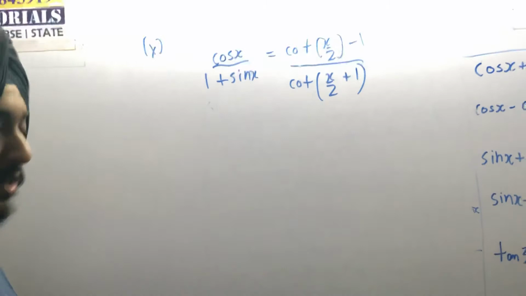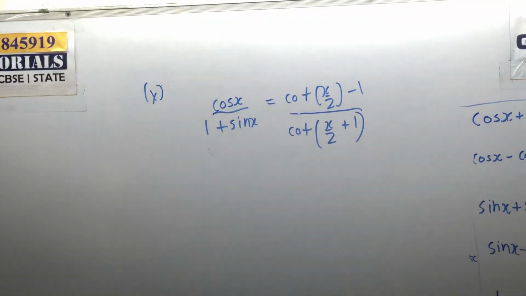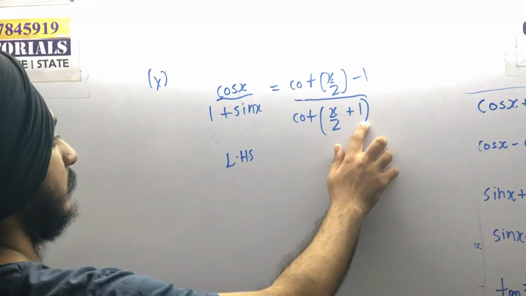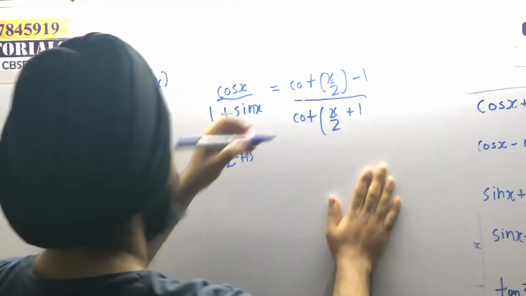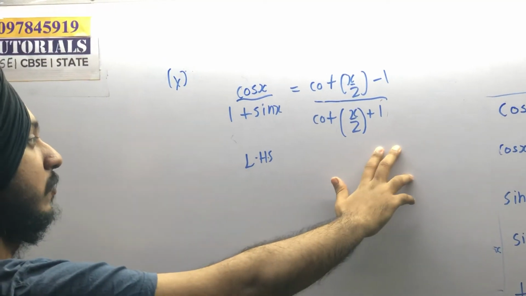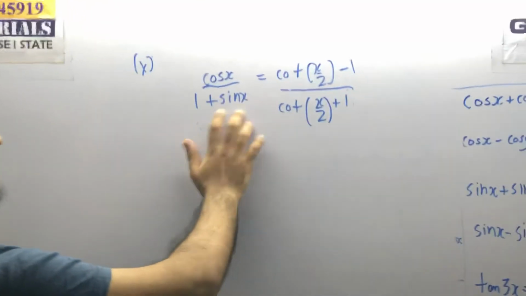Okay, so we'll start from the left hand side. Cot x by 2 minus 1 upon cot x by 2 plus 1. We have to prove it equals cos x plus 1 upon sin x.